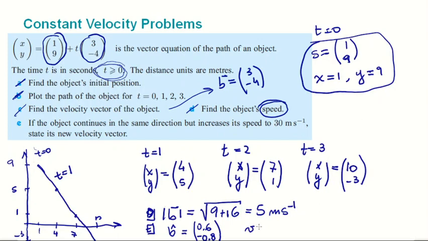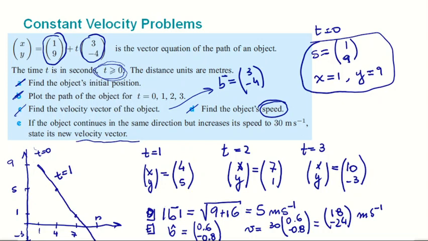But the new velocity would then be 30 times that vector, 0.6 and negative 0.8. So if we multiply those numbers, 30 times 0.6 is 18, and 30 times negative 0.8 is negative 24 meters per second. So that would be our new velocity vector.